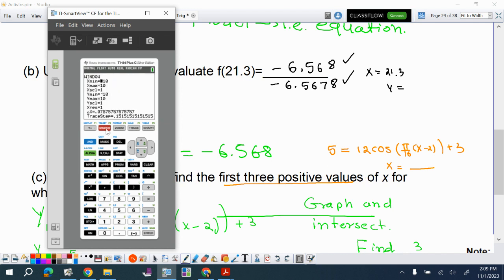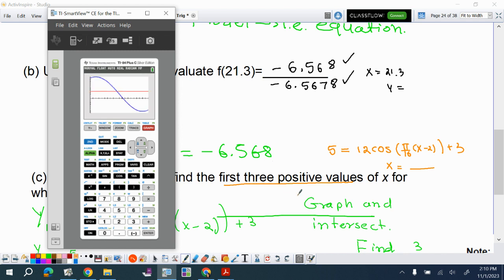So let's press window. X minimum 0, X maximum, I'm going to say 20, until I see the three positive intersections. Never change the scale. Y max, let's keep it 15. Okay, and let's plot the graph.